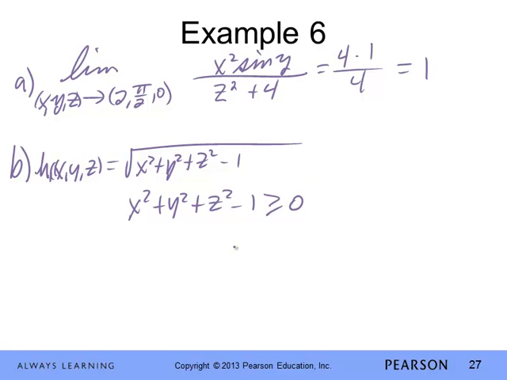That means that x squared plus y squared plus z squared must be greater than or equal to 1. So as long as you are either on the boundary of the unit sphere or outside of it, then this function is going to be defined and continuous. Does that make sense? What do I mean by the unit sphere?